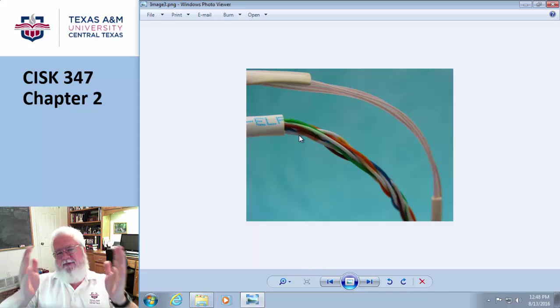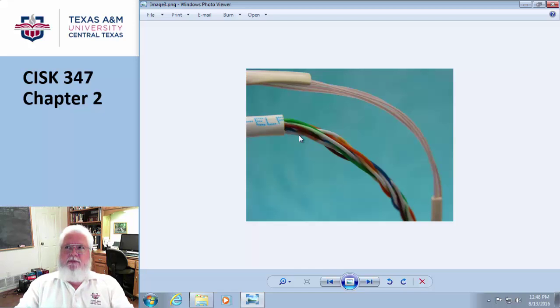I'm not going to go into the physics of it all, but just trust me, twisting the pairs provides an easy and cheap way for the device manufacturers to try to erase noise. Okay, you've heard of noise canceling headsets and things like that, an earphone that's noise canceling. That's not what we're talking about. It still gets the noise, but we just have a way of making it less important.